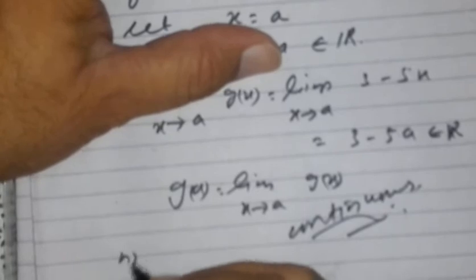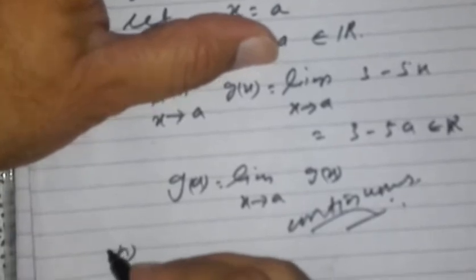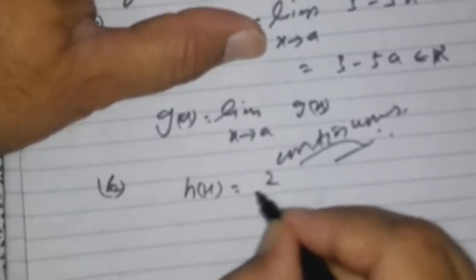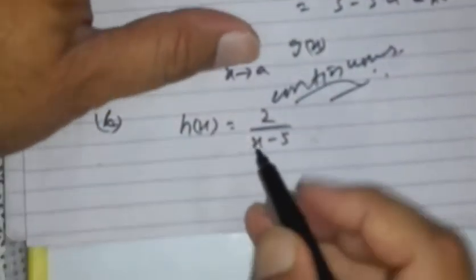Now look, part C, h of x equals 2 divided by x minus 5. If we put the x value 5, we get 2 divided by 5 minus 5, 2 divided by 0, which is undefined.